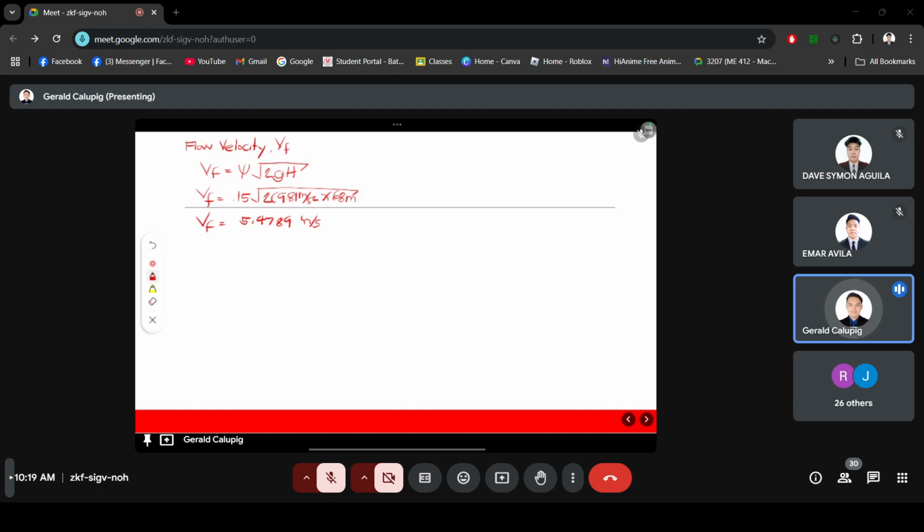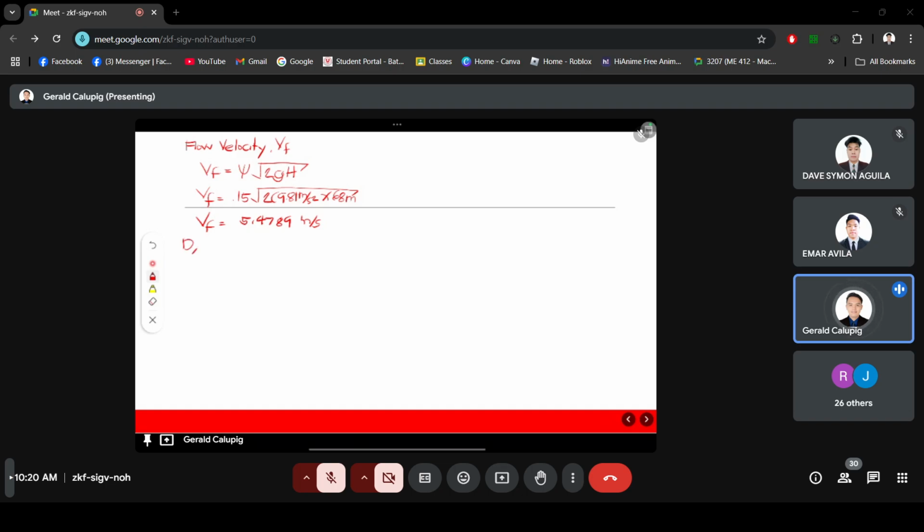Since you already have the flow velocity, we can also have our u, or the tangential velocity, right? But before that, we need to have first our value ng D, right? So using the value of our Vf, you need to have your outer diameter.